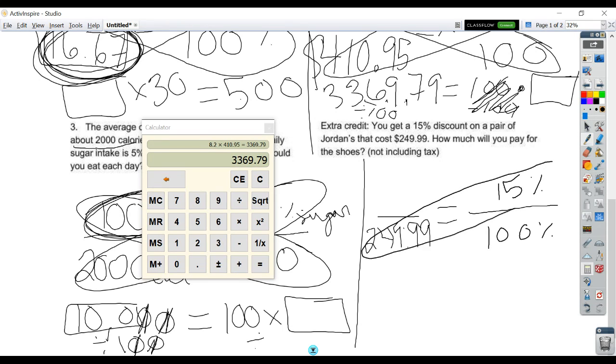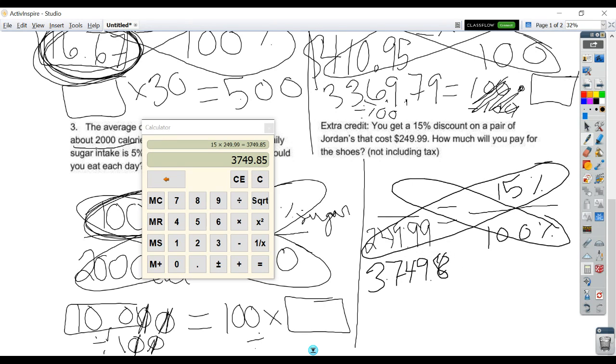So we can cross multiply 15 times 249.99. If I do 15 times 249.99 is equal to $3,749.85. That's equal to 100 times some unknown that I don't know.